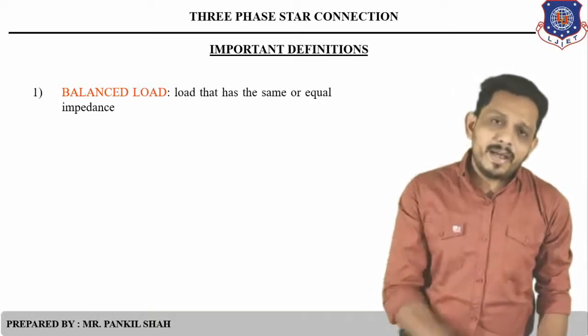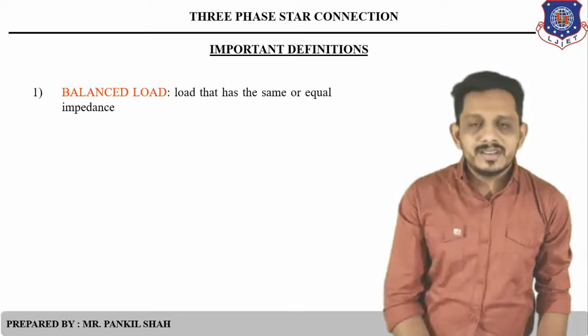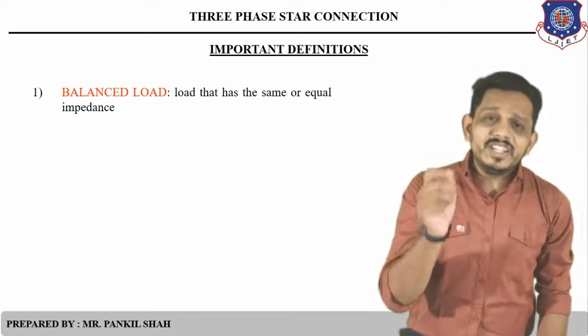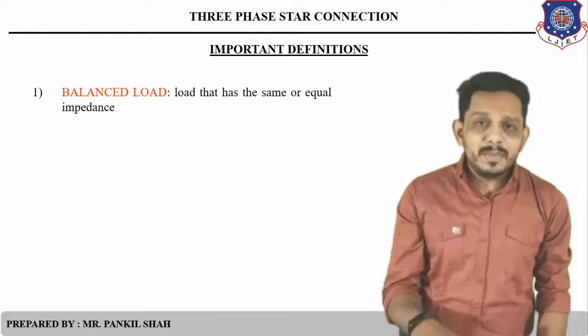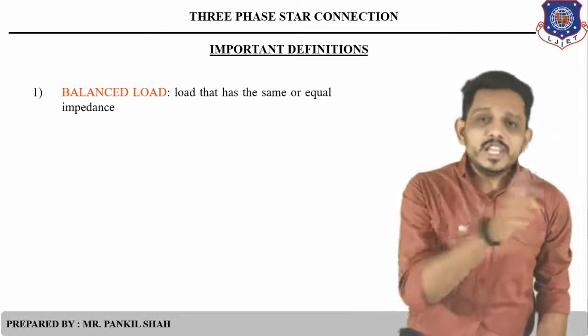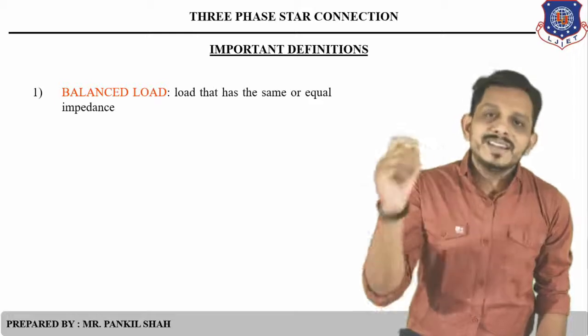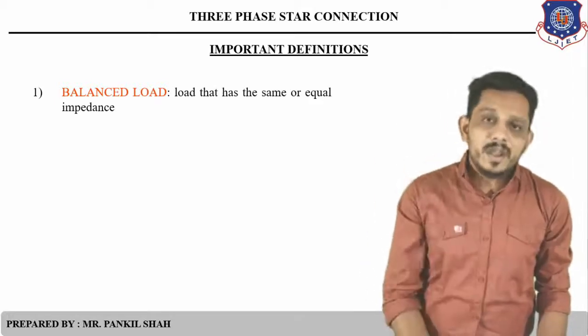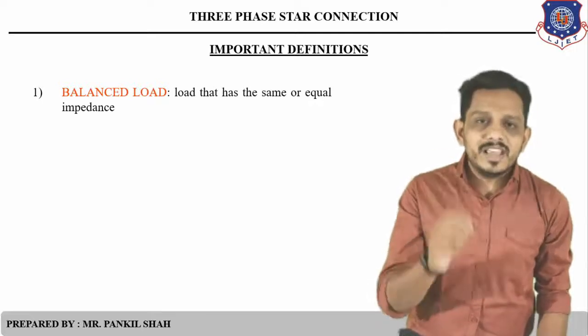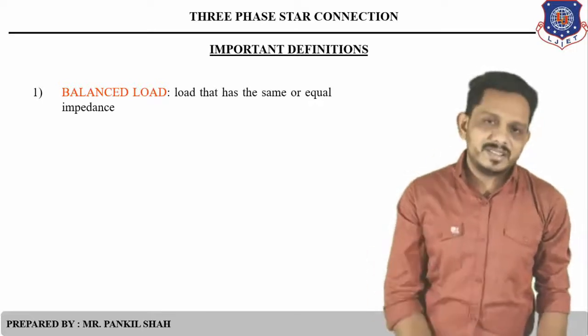In the same manner, a balanced load means the impedance of each phase is the same. That means the current flowing through each phase of the load will be the same. The voltage across each phase of the load is the same, but it must have the same amount of impedance.